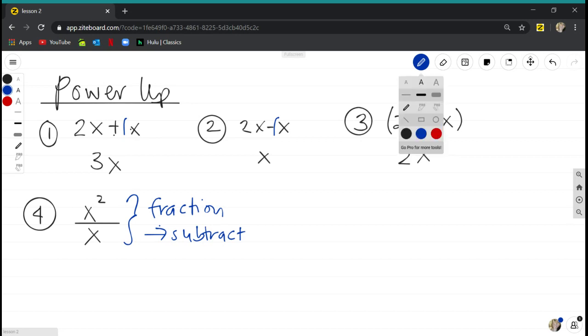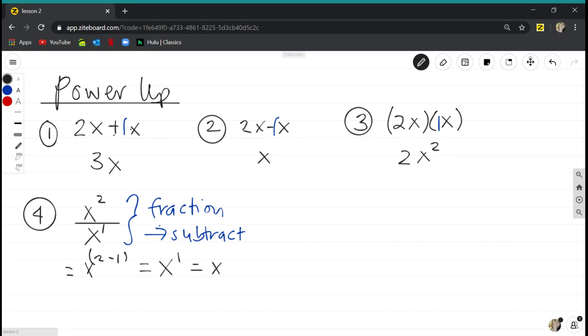So then this would be x squared, and this is like having a 1 there. So this would be x squared minus 1, which is saying x to the 1, or x.